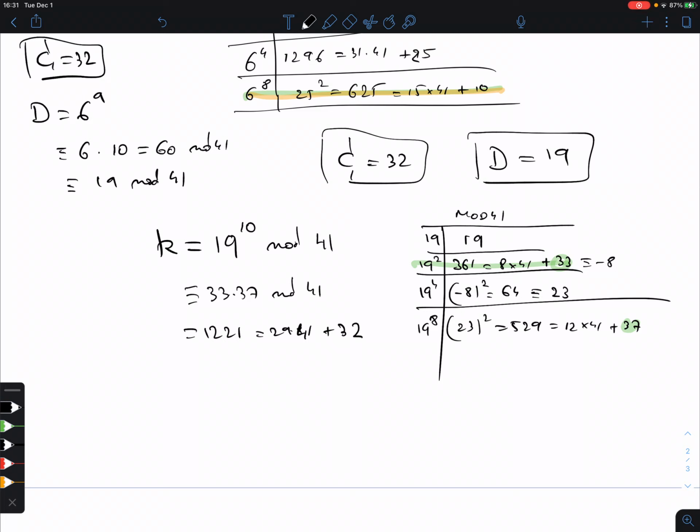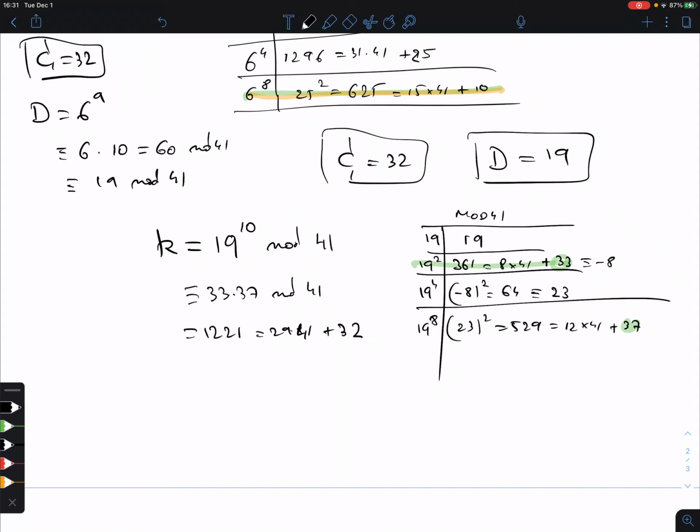But that is weird. Sorry, let me double check here, because that doesn't make sense, I think. No, that's correct. Yeah, that is weird that this came out that way.